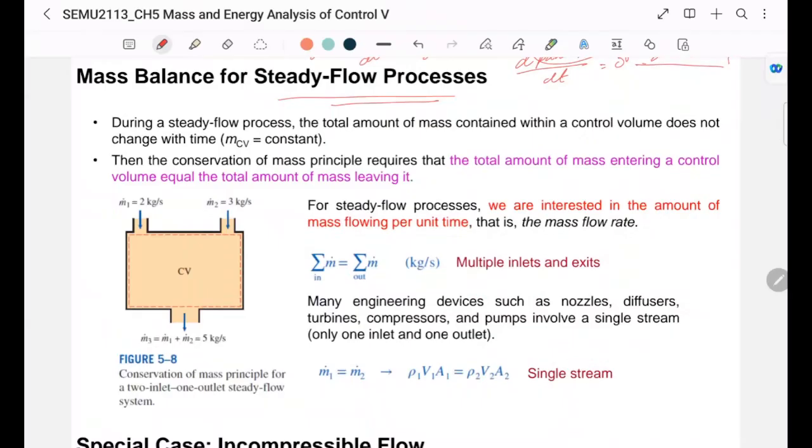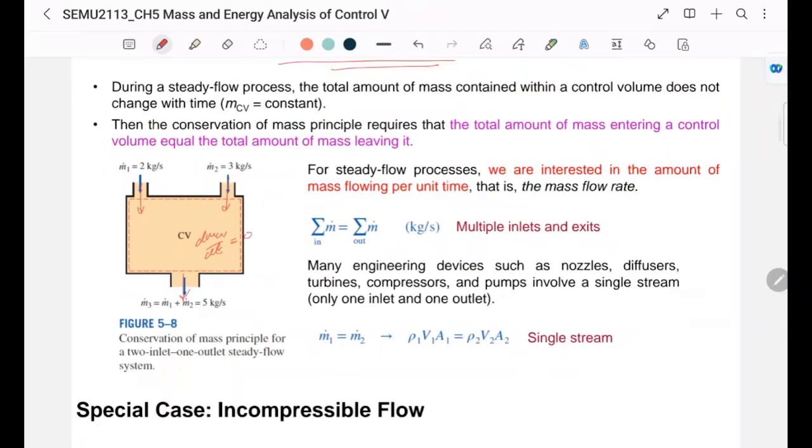Which means in a steady flow system, for instance like this, if here goes in 2 kilogram per second, here 3 kilogram per second, then the one going out must be the sum of them, which is 5. Only then can dm_cv over dt be equal to 0.